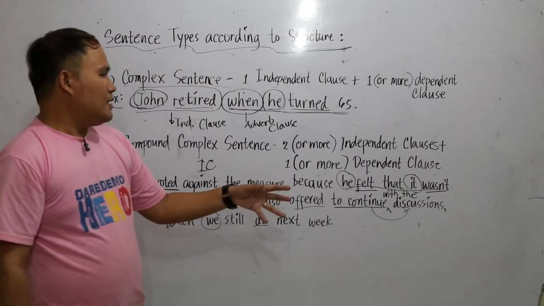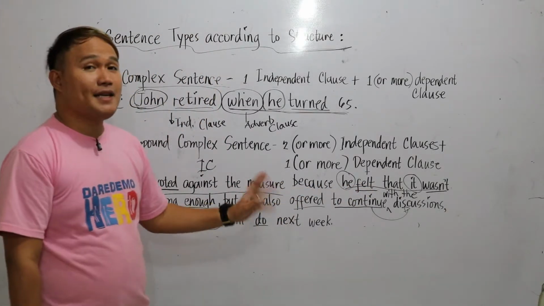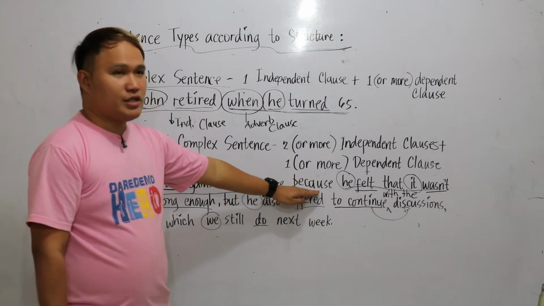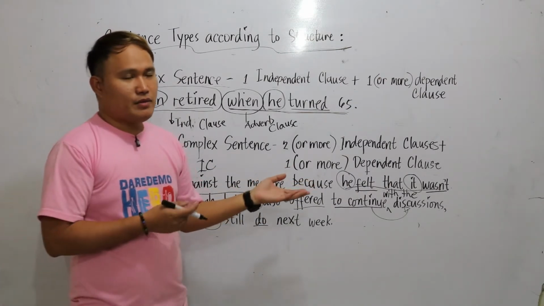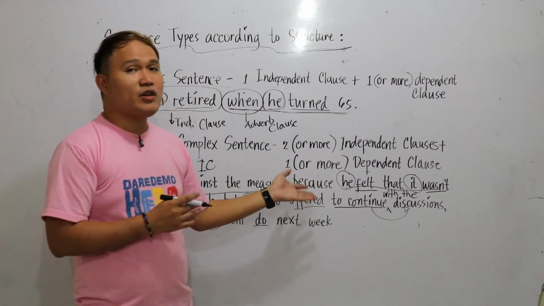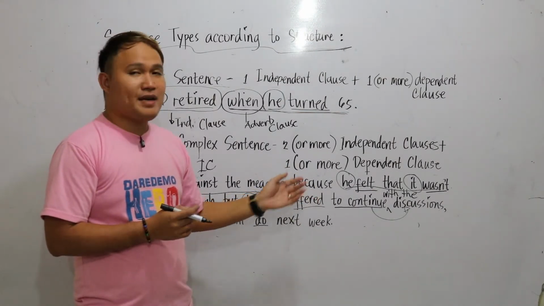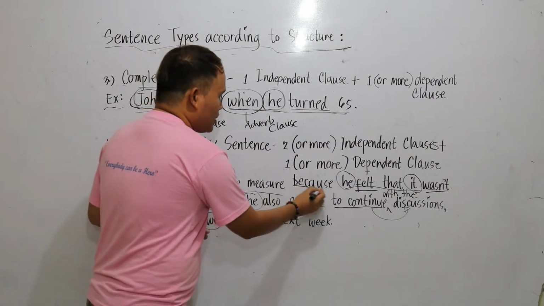So he felt that it wasn't strong enough is an independent clause. But if you're going to use a conjunction, because he felt that it wasn't strong enough, that's no longer an independent clause. It's already a dependent clause because of the subordinating conjunction because.